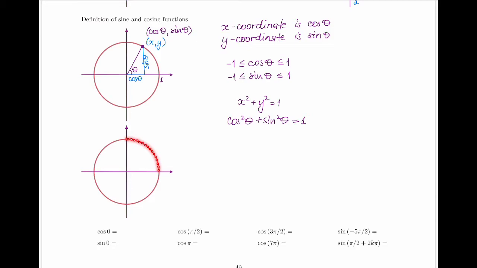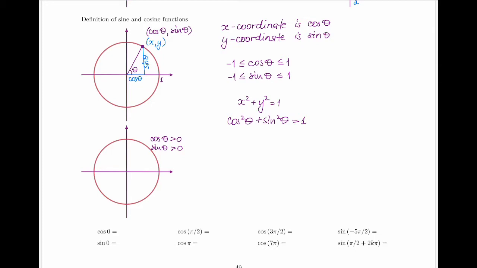And the x-coordinate corresponds to the cosine of the angle, which means that in this quadrant, cosine of the angle is always positive. Same with sine. Again, think about all the points in this quadrant, sine is the y-coordinate. All the y-coordinates of these points are positive, which means that the sine of all the angles in this quadrant is also positive.